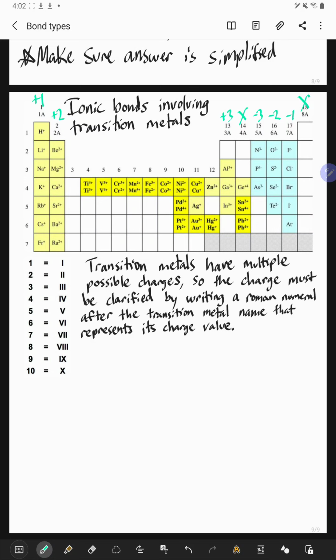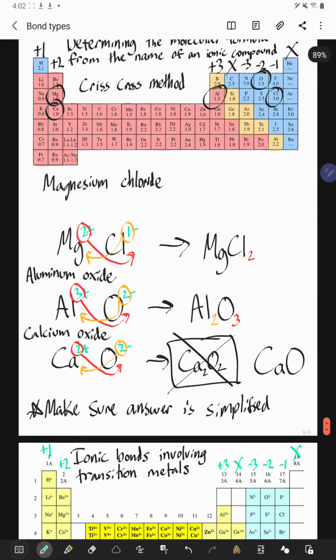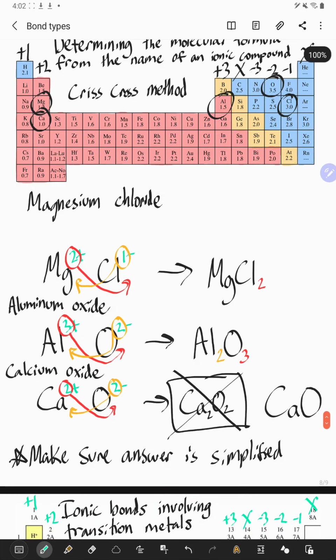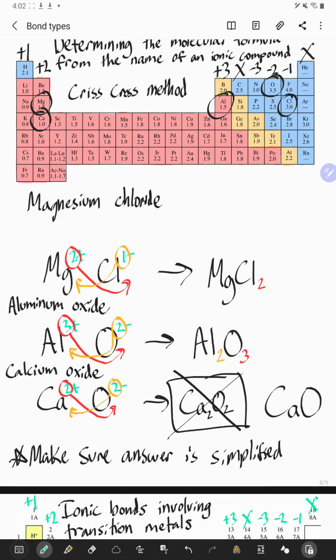We talked about in the last videos how, going from an element's name, we can always find the element's formula, because calcium always forms a positive 2 charge, and oxygen always forms a negative 2 charge.